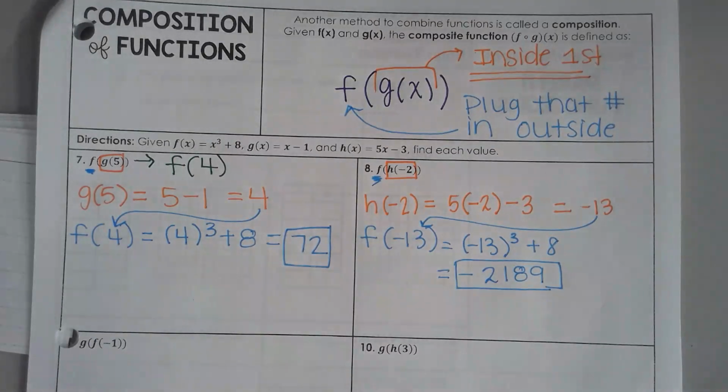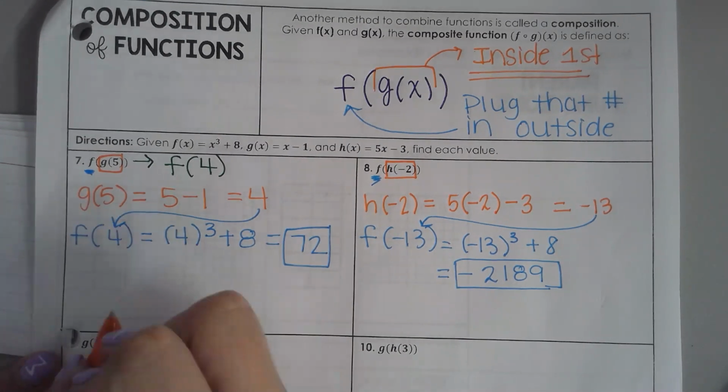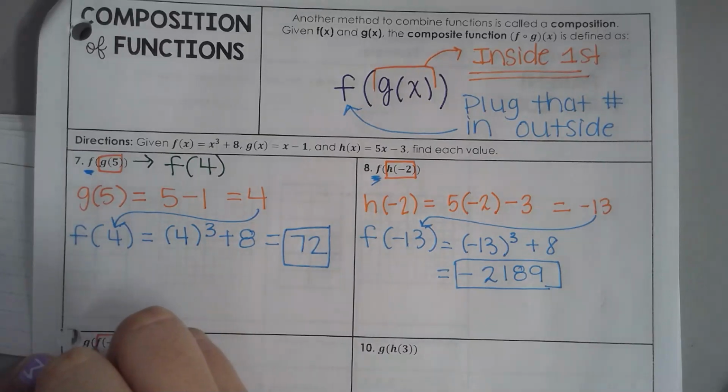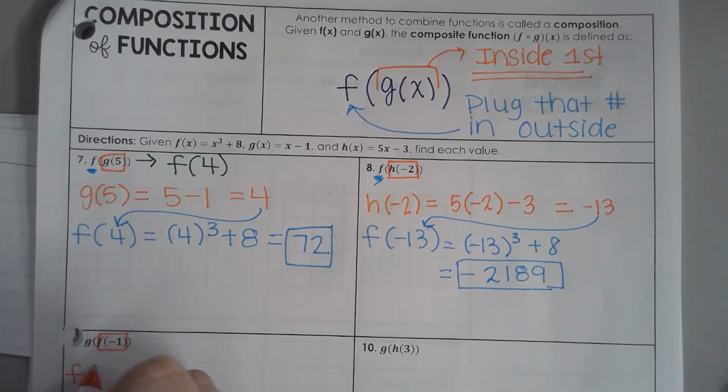All right, I'm going to do one more with you, and then I'm going to let you work on the last 3. So number 9, we do inside first, f of negative 1.